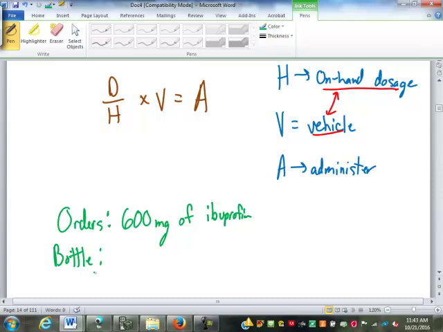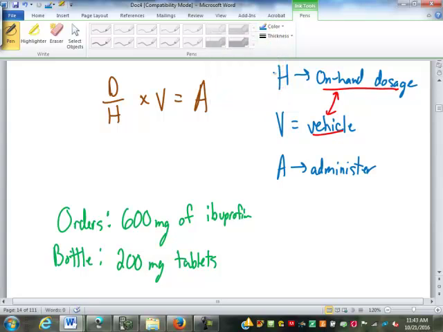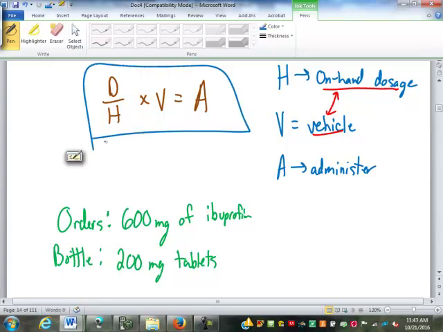The label on the bottle says 200 milligram tablets. So trying to sort through this formula, what is D? D is the desired dose, or often the ordered amount.